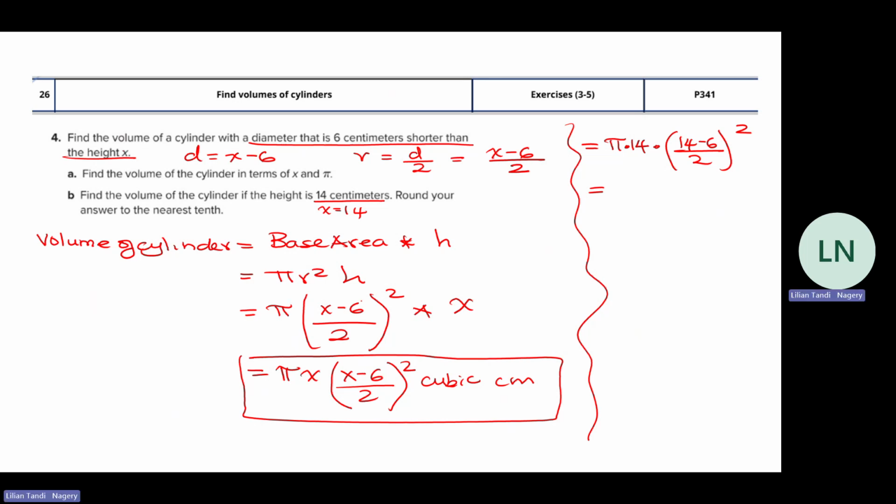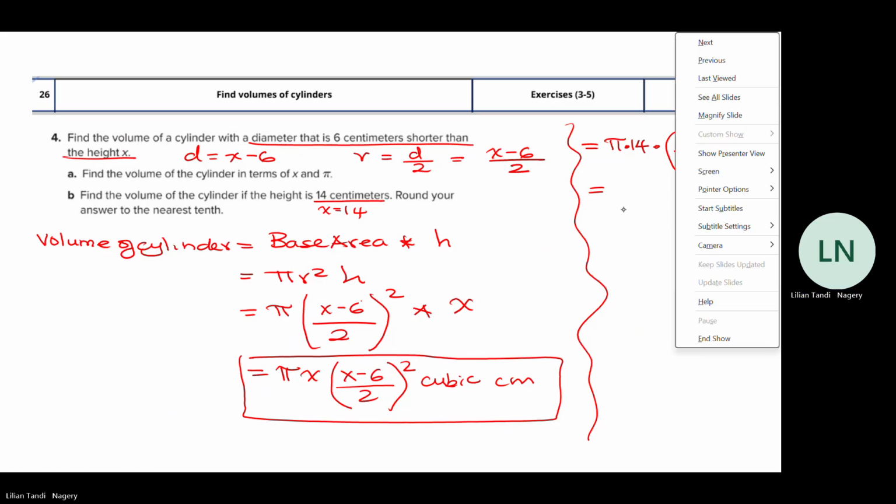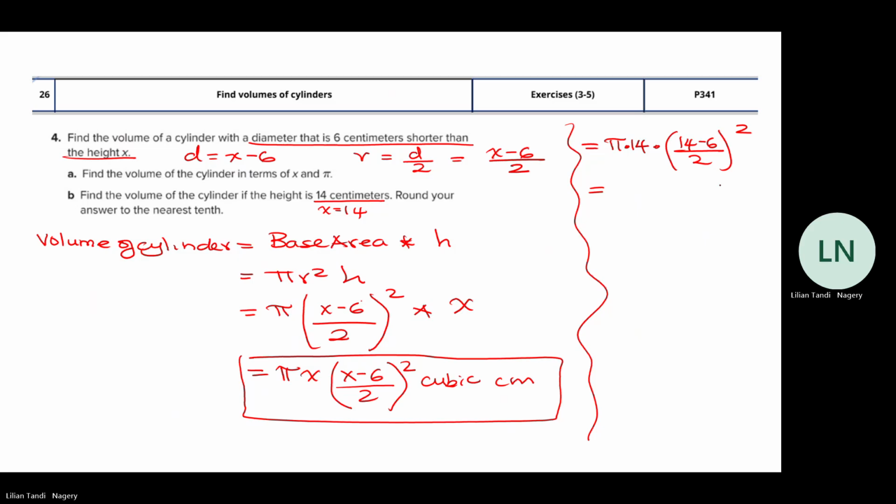This should give you 8/2, which is 4. So this is pi multiply 14 multiply 8/2 squared. This is pi multiply 14 multiply 4 squared.